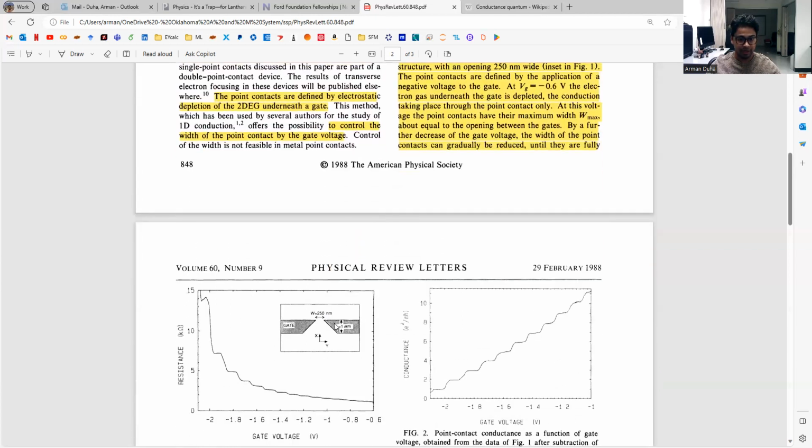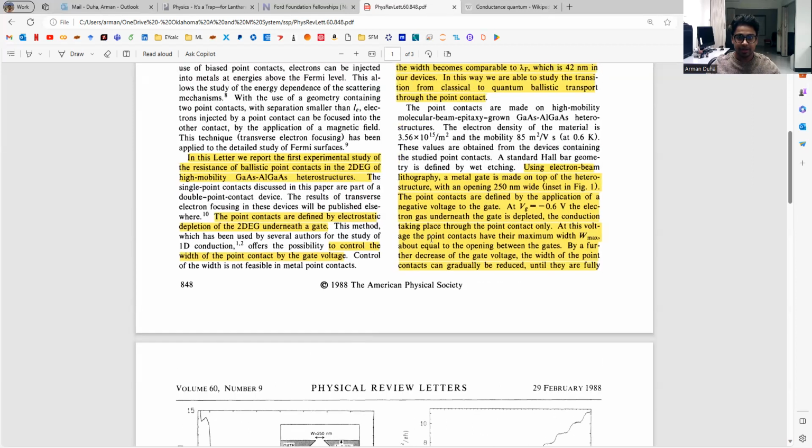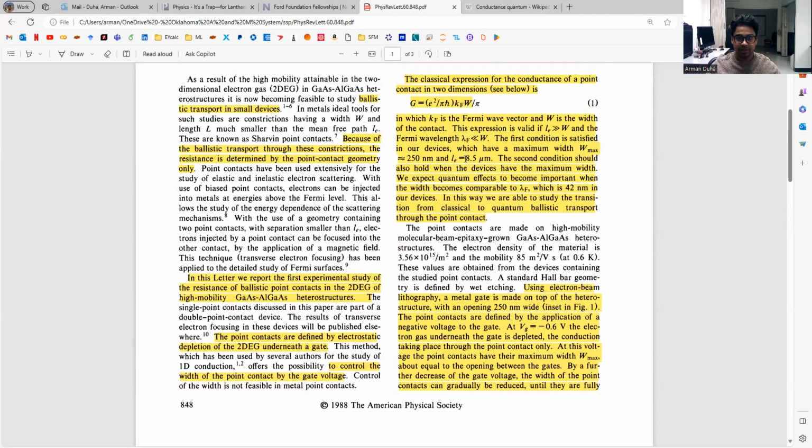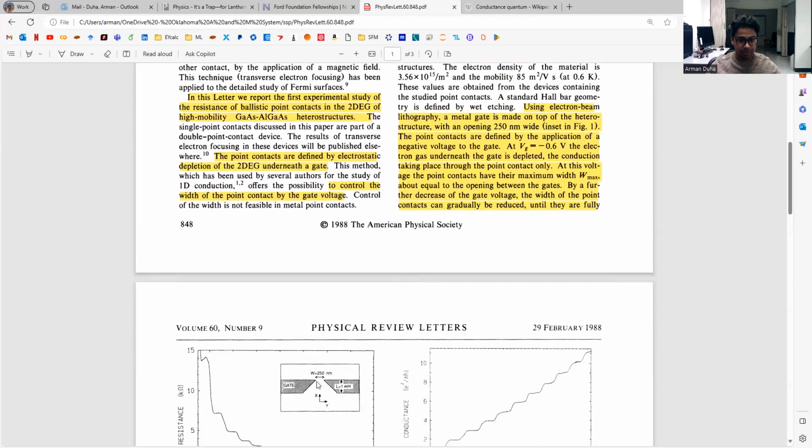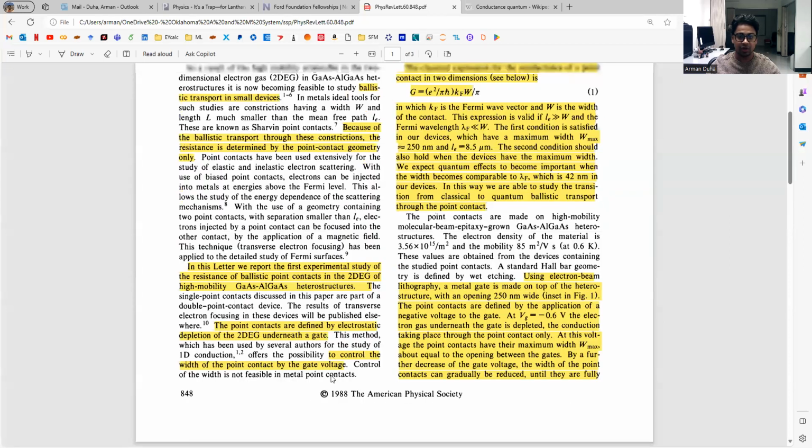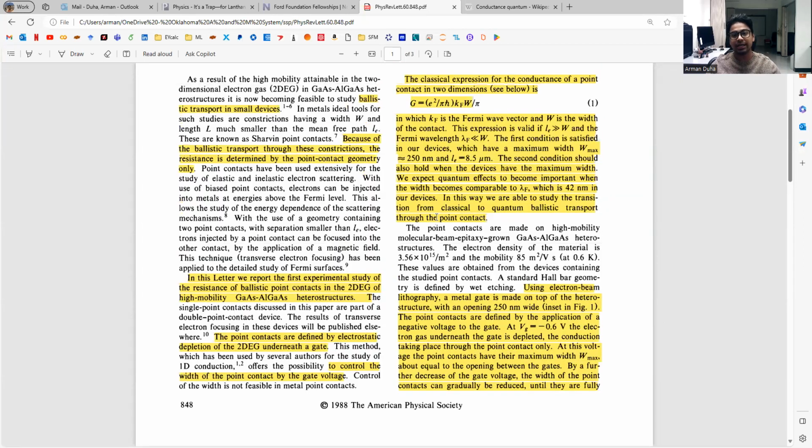If we go to the figure here, the length is 1 micrometer, which is still smaller than the mean free path. And even the maximum width is in the hundreds of nanometers. So width and length both are less than the mean free path, which guarantees that the conductance we will see here is going to be ballistic conductance.